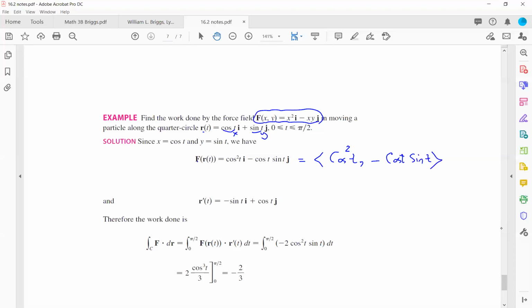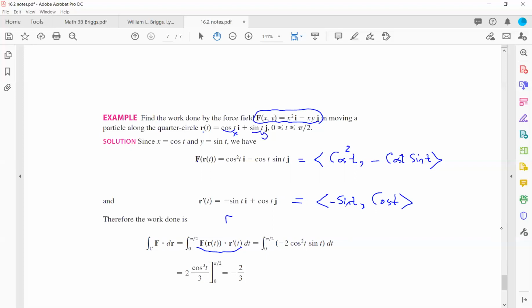The derivative of r is the derivative of cosine, which is negative sine, so you have negative sine t, comma, and the derivative of sine, which is cosine t. You have two vectors. To find the integral, you have to find the inner product between them. So you multiply the first components, you multiply the second components, and add them together.